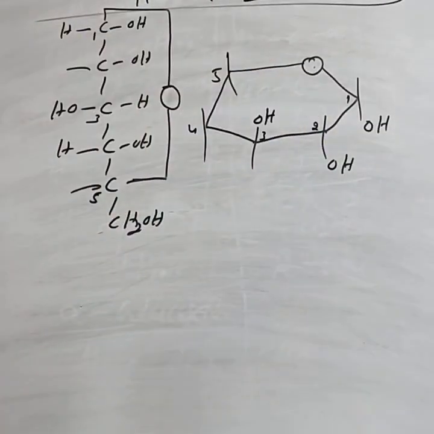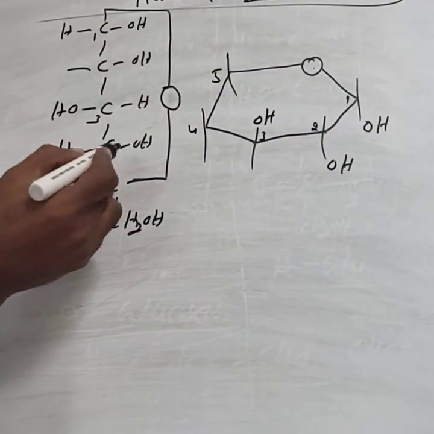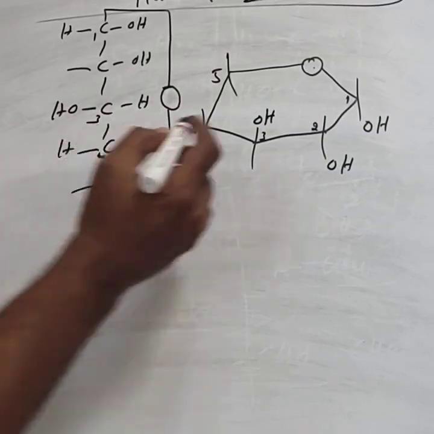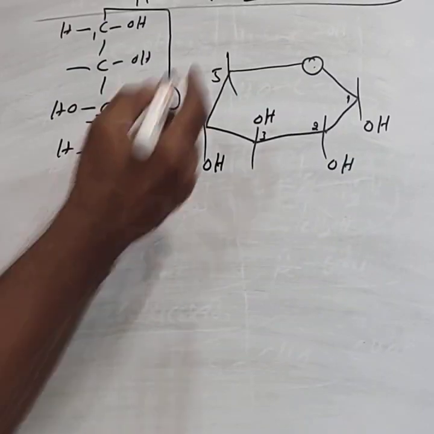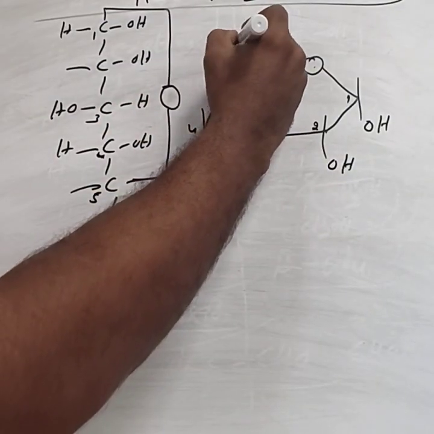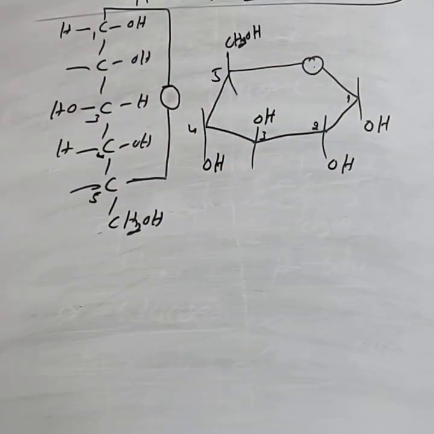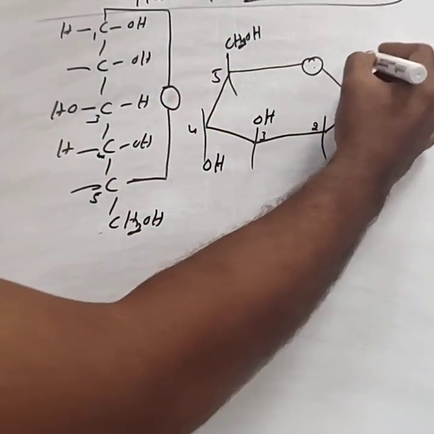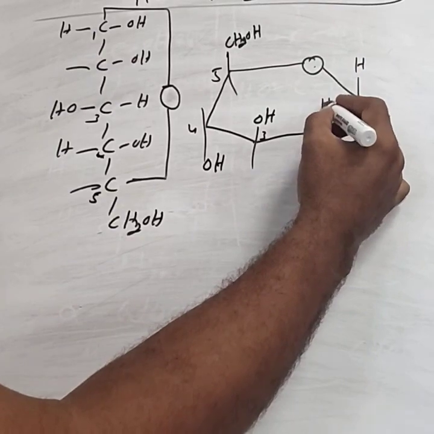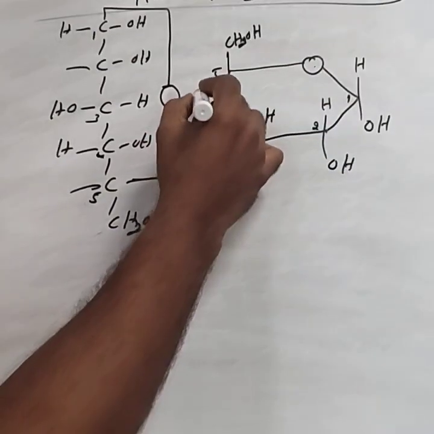Fourth carbon atom OH is on the right hand side, hence below. On the fifth carbon atom, consider CH2OH above the plane. This is the skeleton for the Haworth structure. The remaining positions are H.